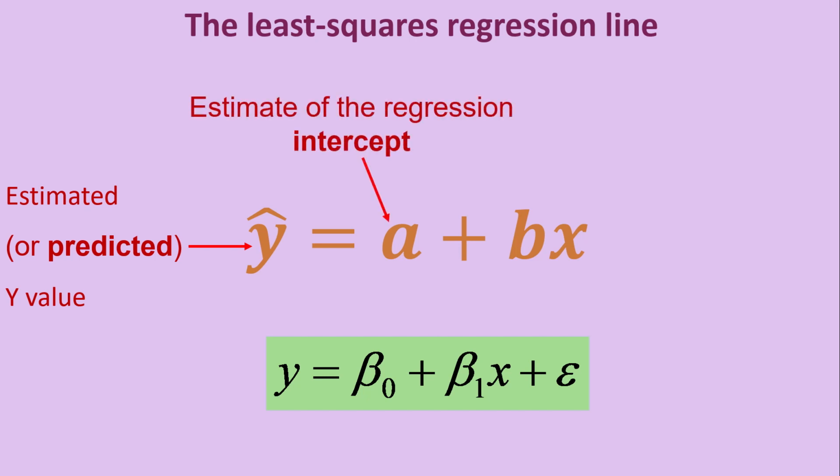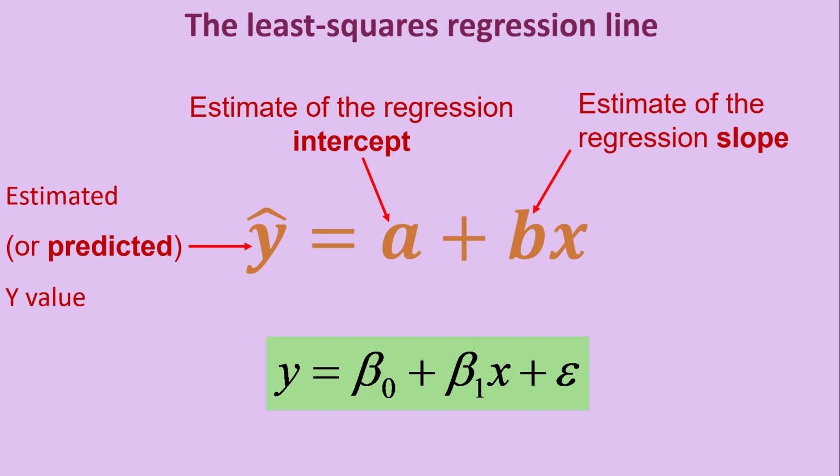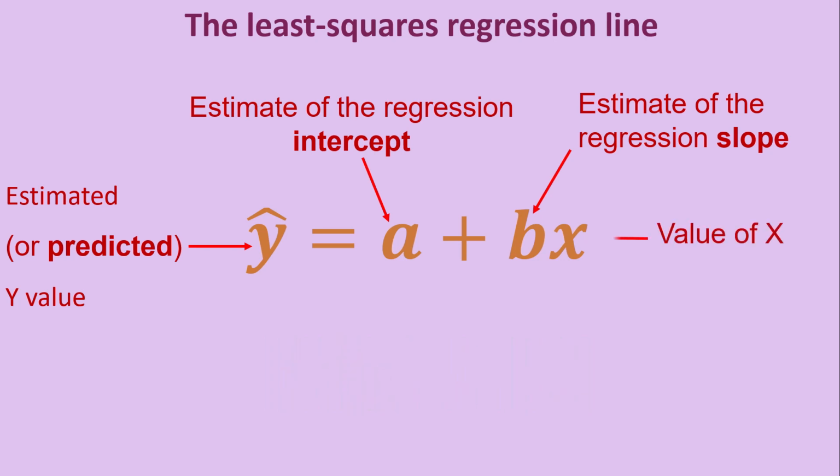And a is the estimate of the regression intercept. It is the estimator of the beta naught. And b is the estimate of the regression slope. Yes, it is the estimate of the beta 1. And this is the least square regression line. It is again y hat equals a plus bx.